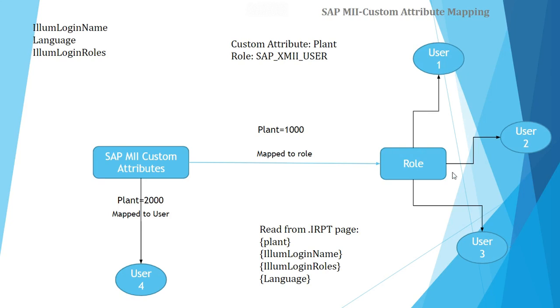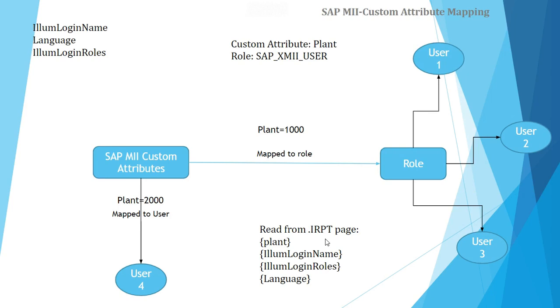So when you have multiple users, you can handle it by assigning a custom attribute to a role, and you can read that easily from an .irpt page.